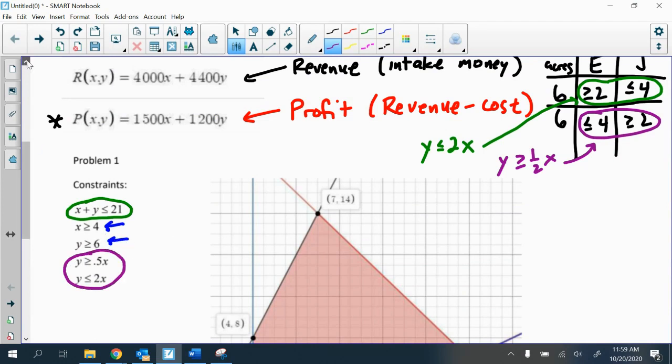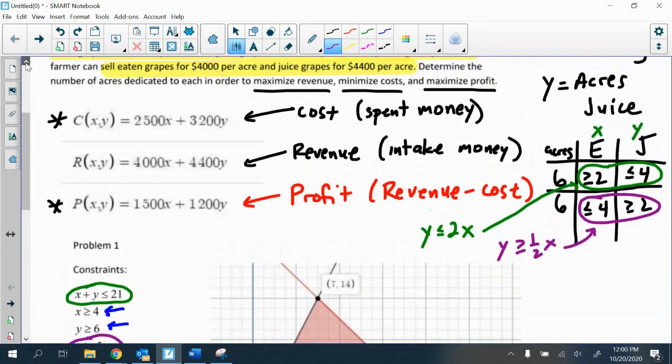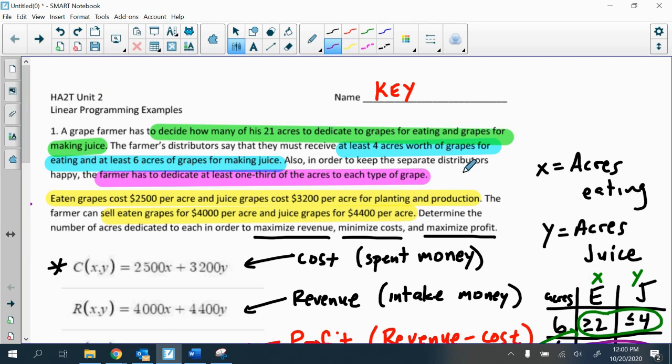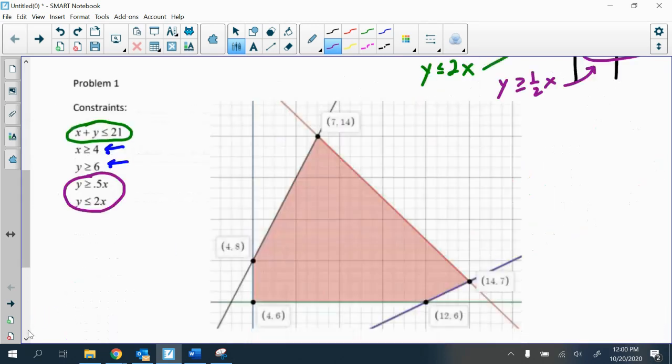There are actually 2 lines that we have to constrain it within to deal with this particular scenario. So that represents those 2 equations. It has to be that y, the juice grapes, have to be less than or equal to 2x, and y, the juice grapes, have to be greater than or equal to 1/2 the eating grapes.